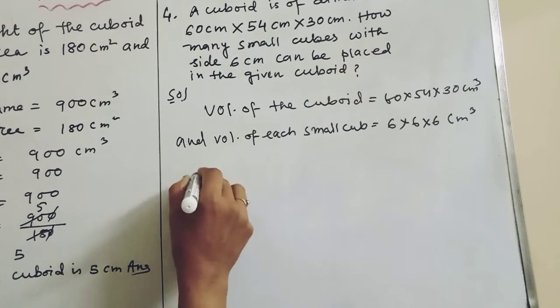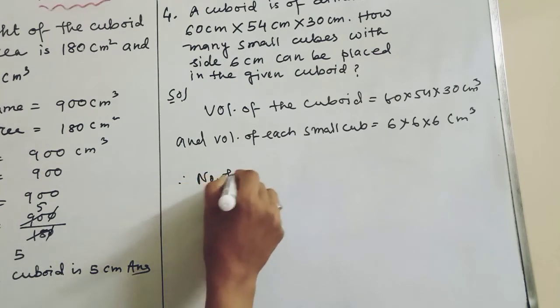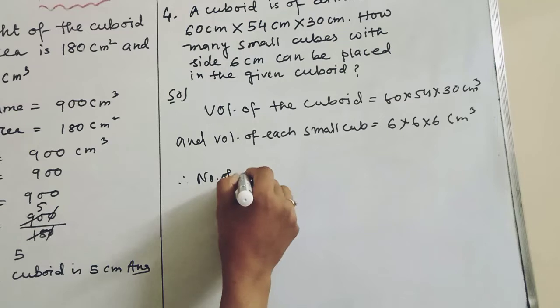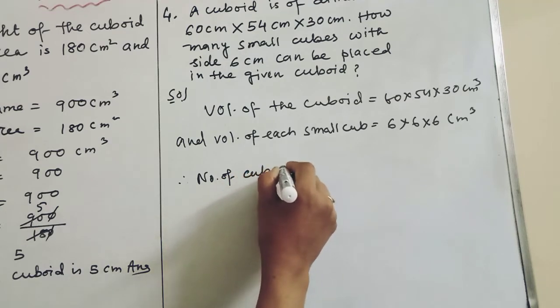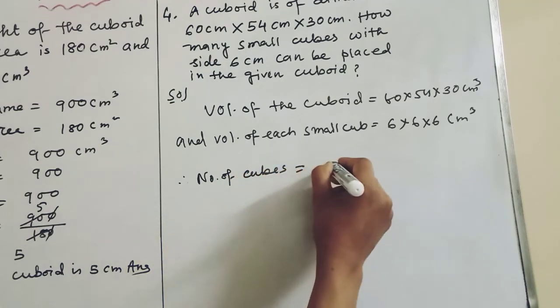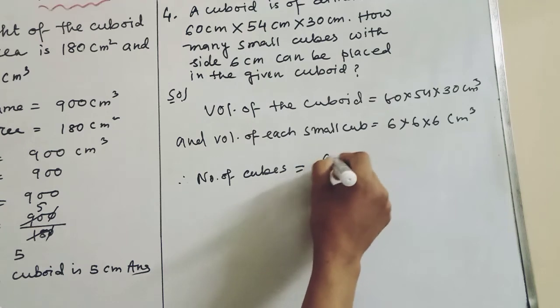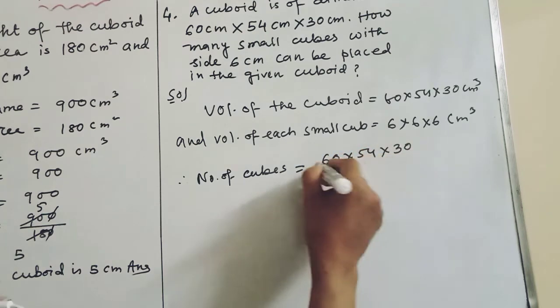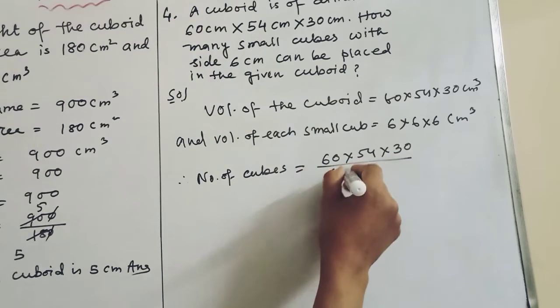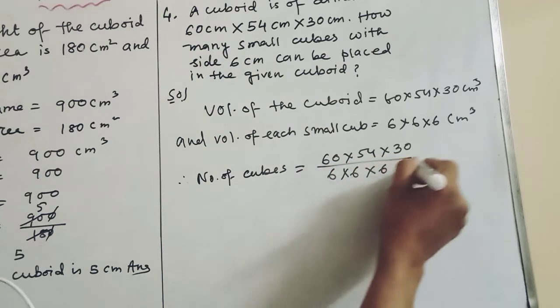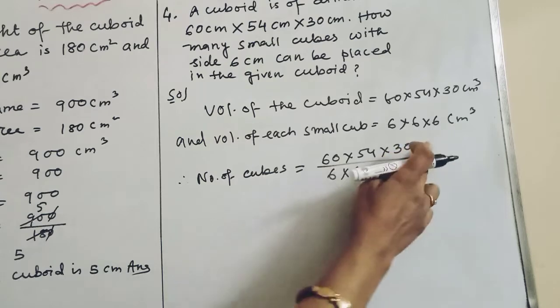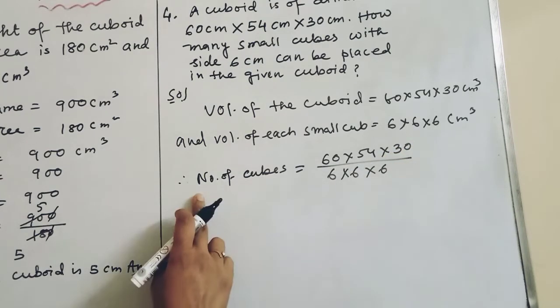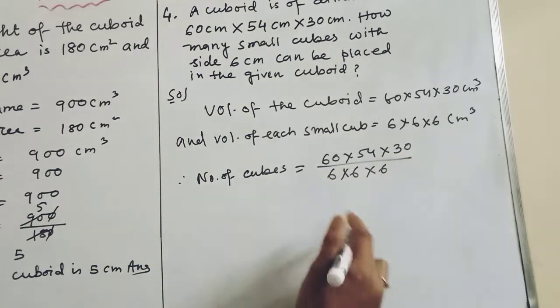Therefore number of cubes is equal to volume of the cuboid, 60 into 54 into 30, divided by 6 into 6 into 6. Here this is centimeter cube and this is also centimeter cube. We are finding a number, therefore no unit will come.